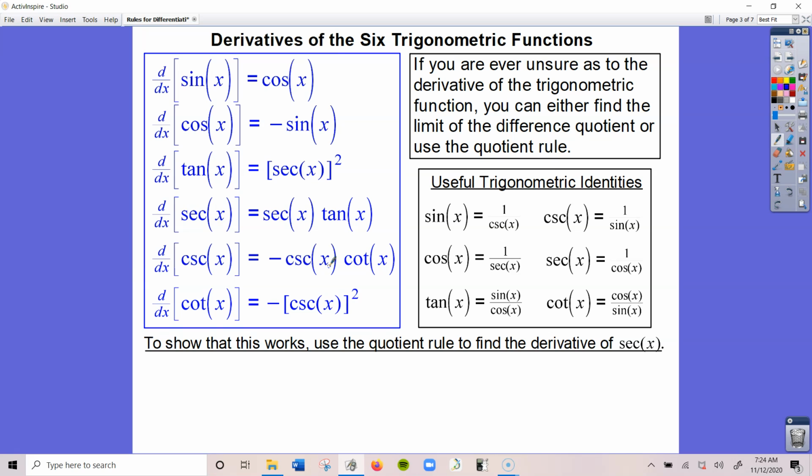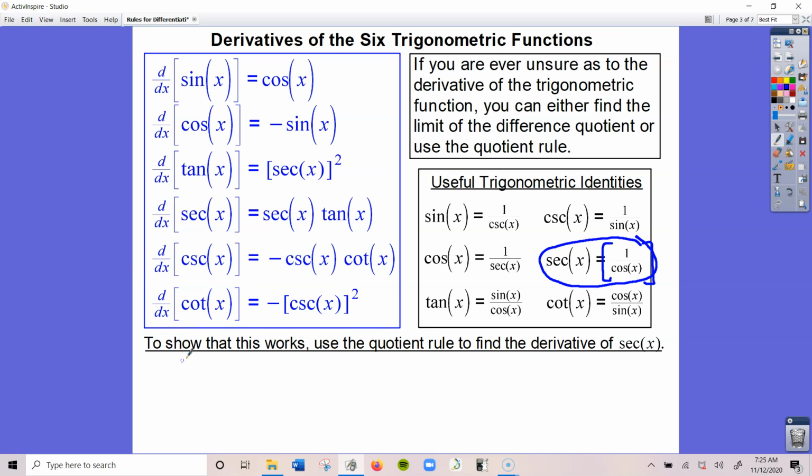Now, to show that this works, we're going to use the quotient rule to find the derivative of secant x. So secant x is 1 over cosine x. So if I wanted to find the derivative of secant, I'm going to use the quotient rule for 1 over cosine x.